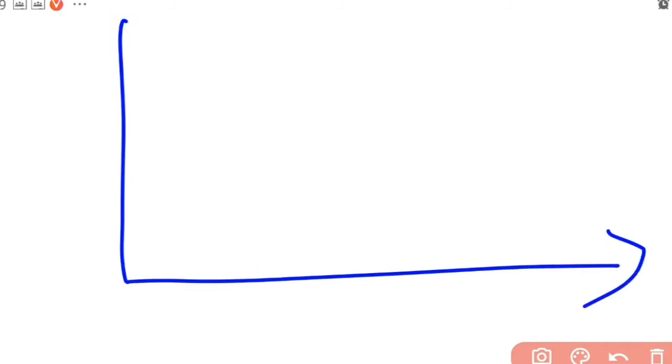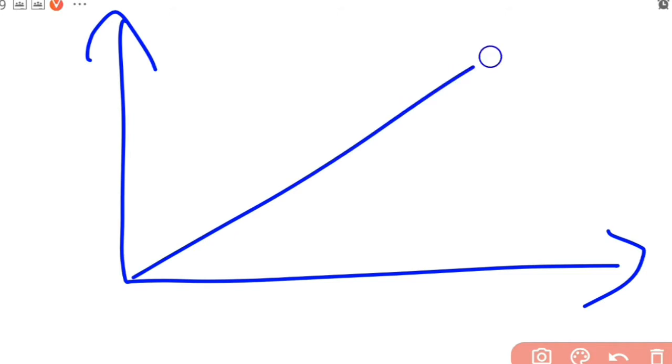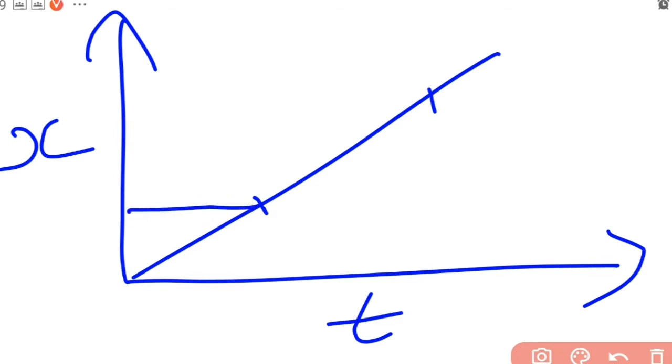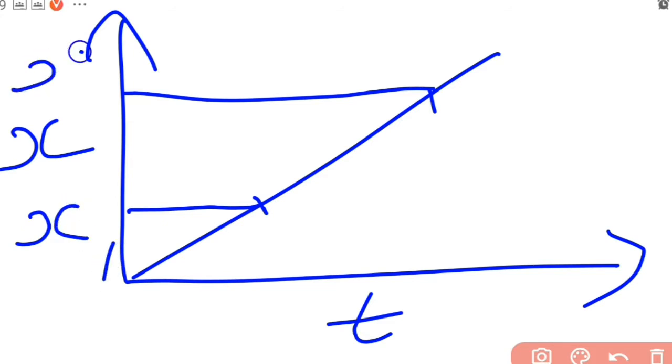One more graph I am drawing. Again the position time graph, t and x. Now suppose we take two points on the graph, and the positions corresponding to these points are x1 and x2.